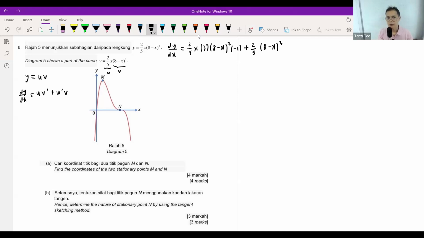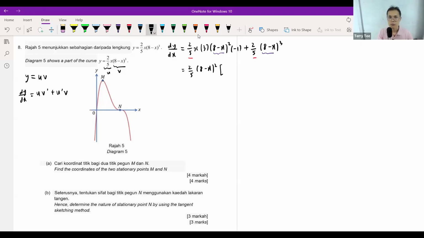Now here we have two common factors. The first common factor is your 2 over 5. It doesn't matter that it was left outside, so we can take out 2 over 5. The second thing I can take out is my bracket. Remember for a bracket between power 2 and power 3, we always take out the smaller power, which is power 2.